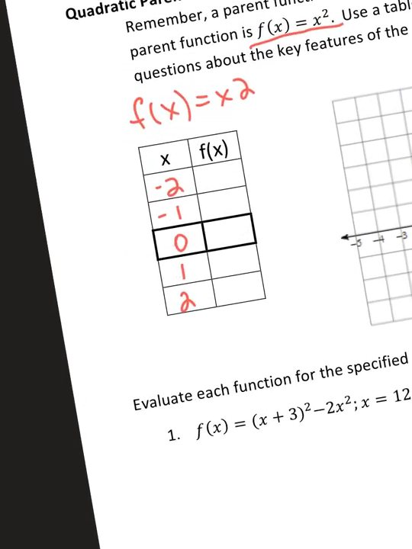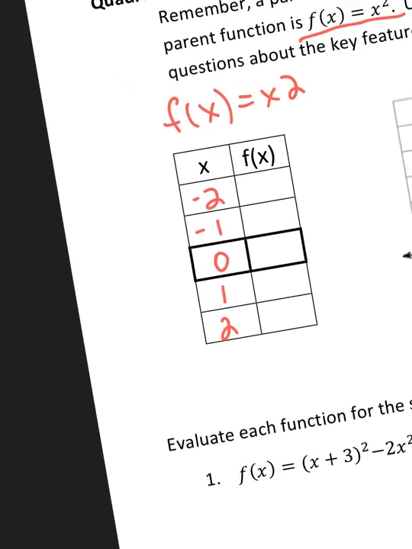So we're substituting a -2 in for x, and we're squaring it. And remember, you want to protect your numbers by putting them in parentheses, because when we square a -2, our output is a +4. When we evaluate f of -1, we're going to put a -1 in for x and square it. We get a +1.